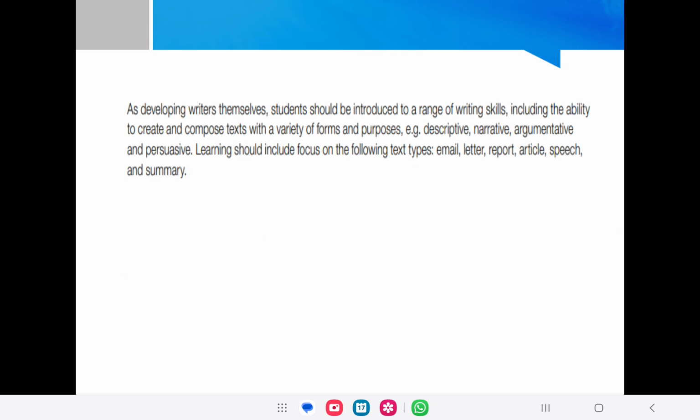This is the purpose of this English language writing paper, like descriptive writing, narrative writing, argumentative writing, persuasive writing. Argumentative and persuasive are part of directed writing task. Learning should include focus on the following text types: email, letter, report, article, speech, and summary.